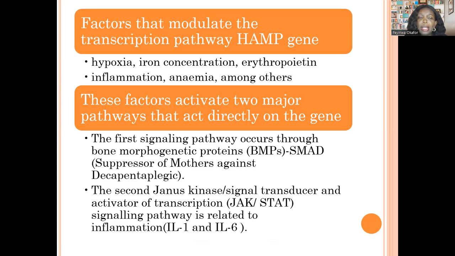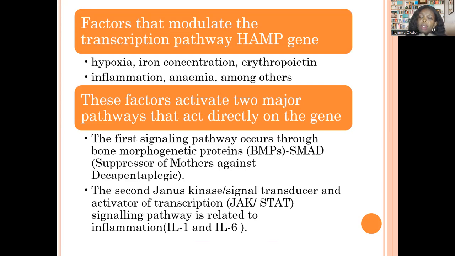They include hypoxia, iron concentration, erythropoietin level, inflammation, anemia, and others. These factors activate two major pathways that act directly on the HAMP gene.